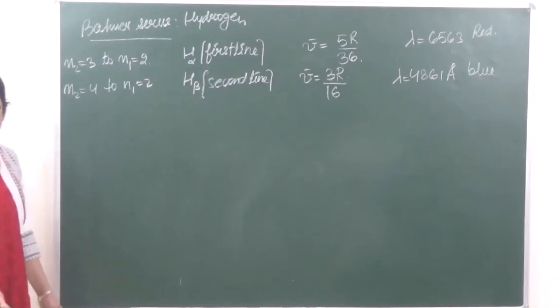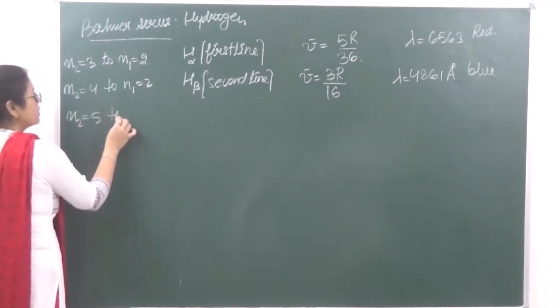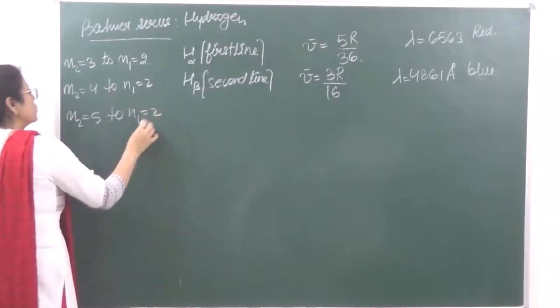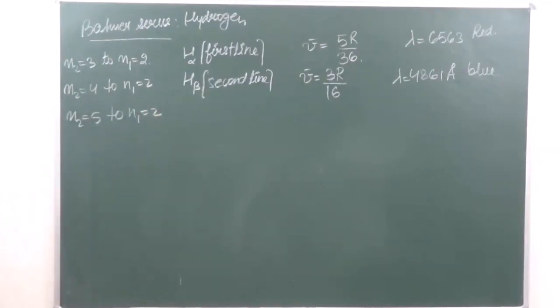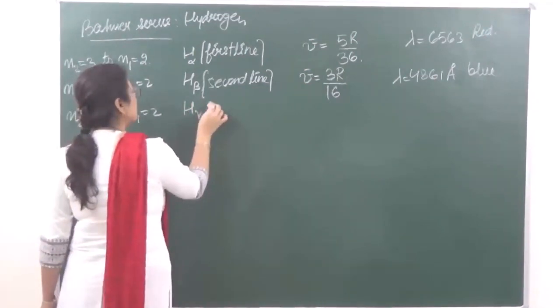Okay? Then the third transition is from N2 is equal to 5 to N1 is equal to 2. Okay, and this is known as H gamma.